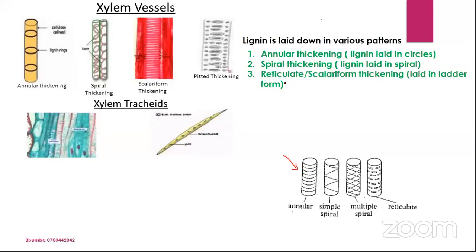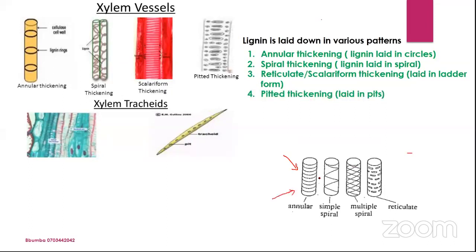reticulate forms some kind of network, network thickenings, and then scalariform thickenings, which is normally laid in ladders. Okay, and then you can see here the reticulate, and then the pitted. Now I got this picture from Functional Approach by MBV Roberts.